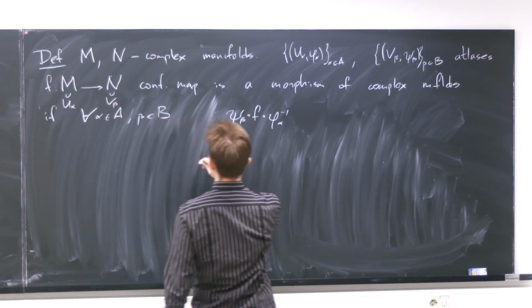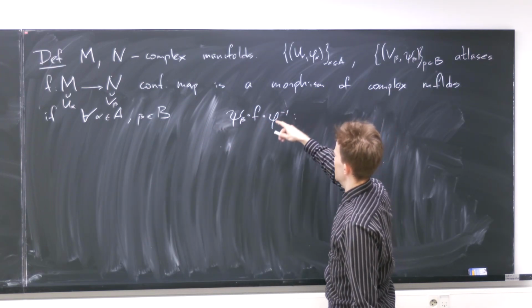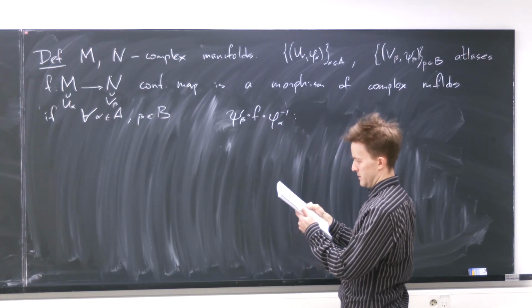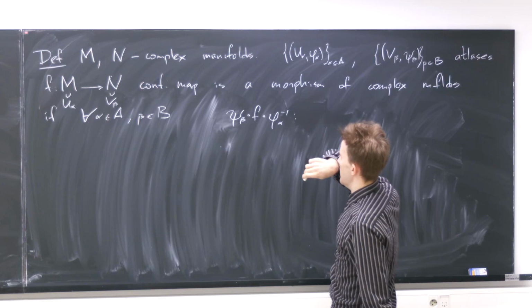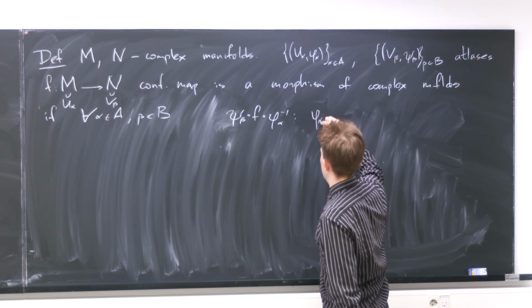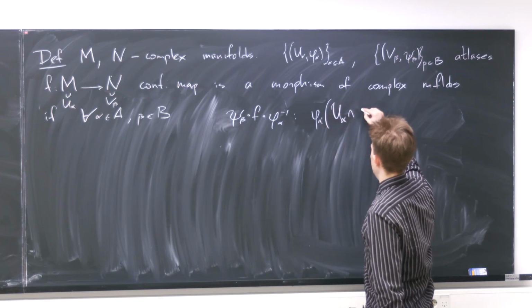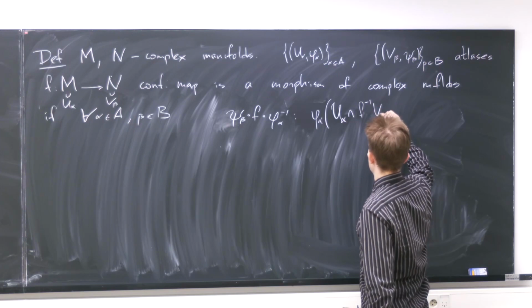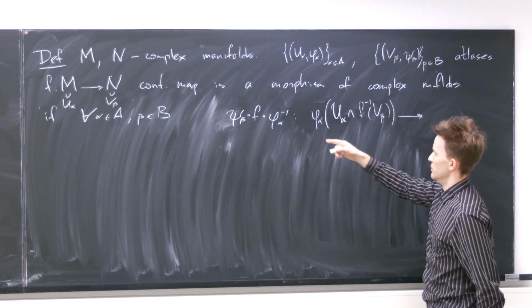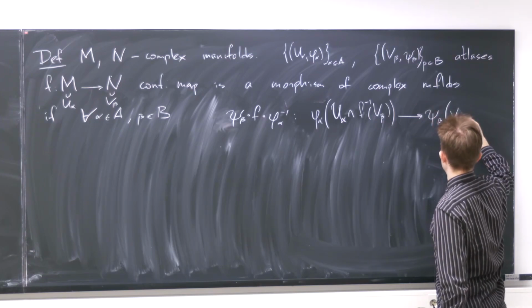And so this is naturally defined on phi alpha of U alpha intersected with the pre-image of V beta, and then it goes to psi beta of V beta.